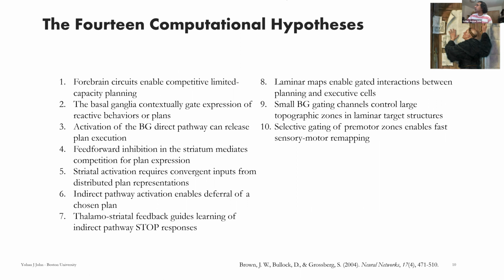Selective gating of premotor zones enables fast sensory motor remapping. I don't know whether we get into that much, but sustained plan activity is a local cortical circuit property modulated by layer 6. So they have some very specific laminar hypotheses, which I haven't looked that closely into the physiology of the different layers. And they don't say anything much about layer 4.